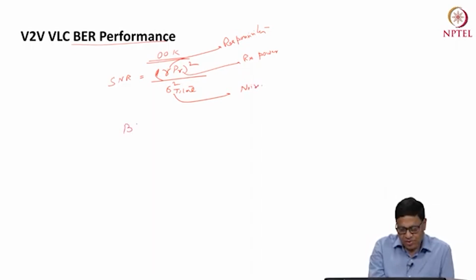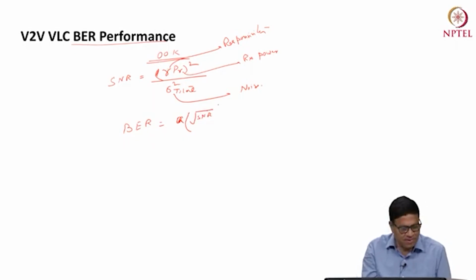And we know for OOK, BER is defined by the Q function, which is nothing but Q of root SNR, because the first term is signal power divided by the noise power.